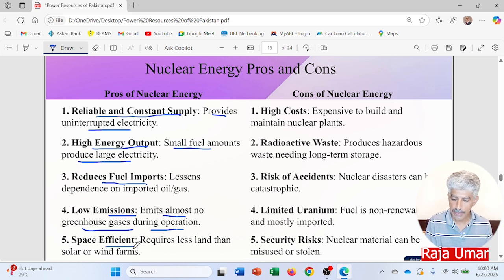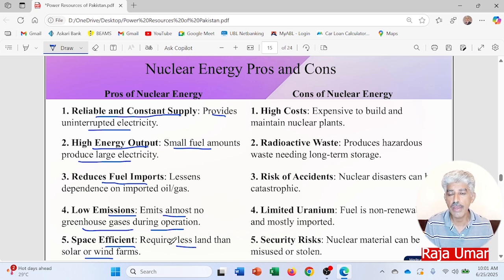Space efficient: it can be installed in a smaller place and does not need such a huge place, just like the hydroelectric power stations, where big dams consume hundreds of thousands of acres of land to construct one big hydroelectric power station. The plant requires less land than solar or wind farms.